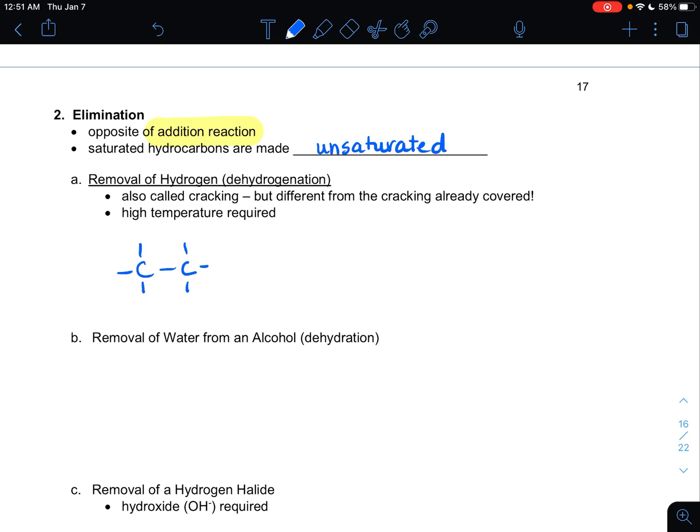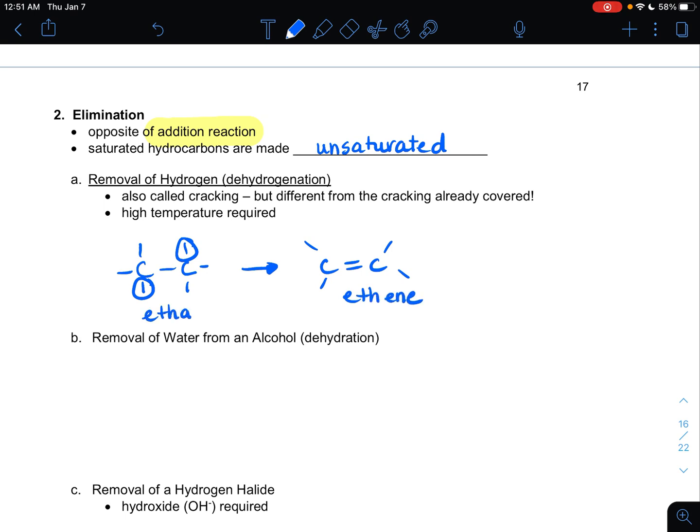And this is a laborious process, requires a lot of catalysts to get this to happen. Basically, a hydrogen is removed from each carbon. And so, to make sure that each carbon has 4 bonds, a double bond is formed.